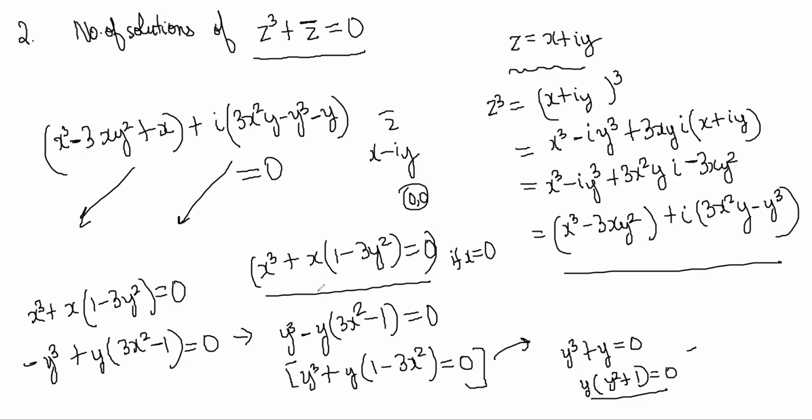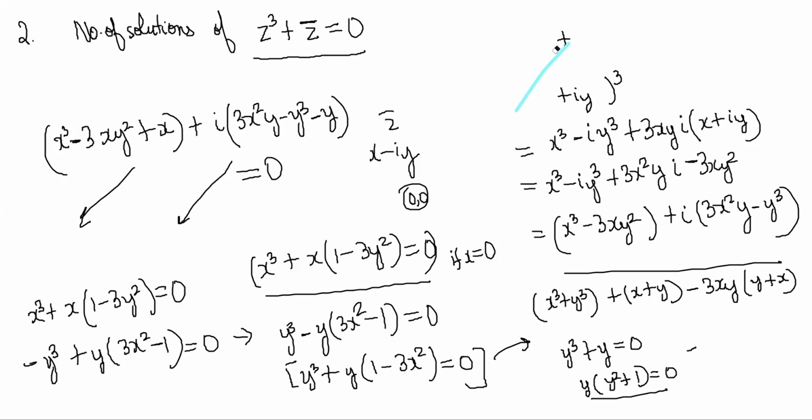If you add them, I think we can take some common stuff: x cube plus y cube plus x plus y minus 3xy square and minus 3x square y. So you can take x plus y common throughout.